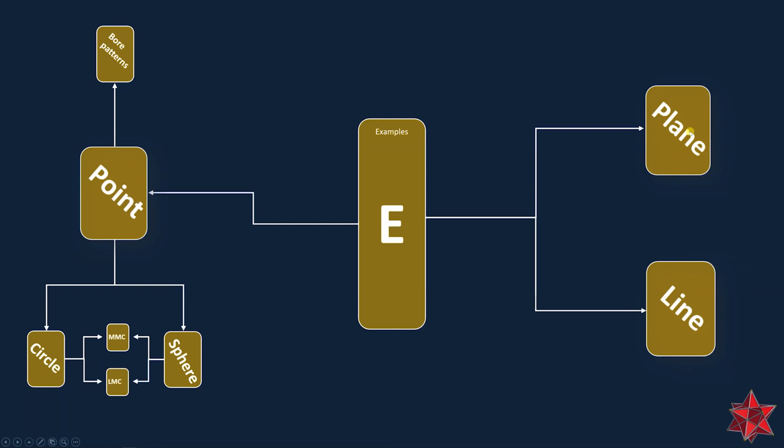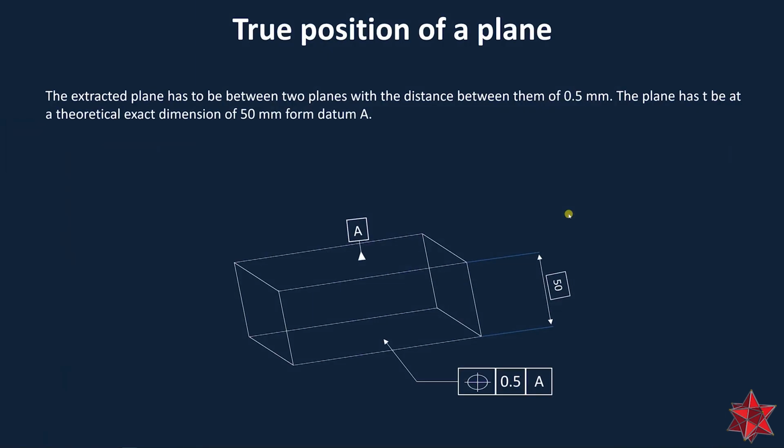Then we have the position of the plane. So the extracted plane has to be between two planes with a distance between them of 0.5 millimeters according to the tolerance from here. The plane has to be at the theoretical exact dimension of 50 millimeters from datum A. Okay, so remember that it will take in consideration also the rotations of the plane and the datum.